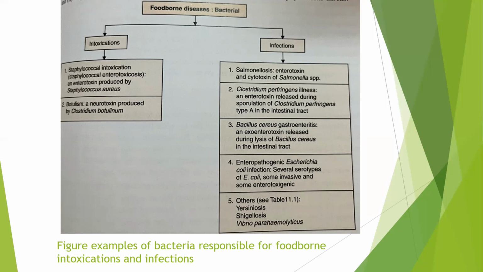Infections include salmonellosis, caused by enterotoxin and cytotoxin produced by Salmonella species. Other examples include Clostridium perfringens, which causes illness, Bacillus cereus, which causes gastroenteritis, enteropathogenic Escherichia coli infections, and others like Yersiniosis, Shigellosis, and Vibrio infections caused by bacteria.